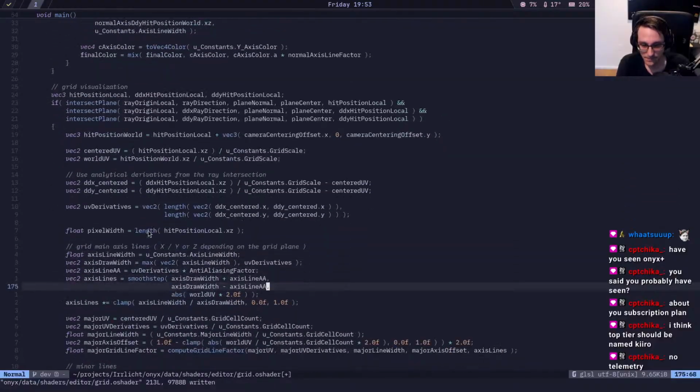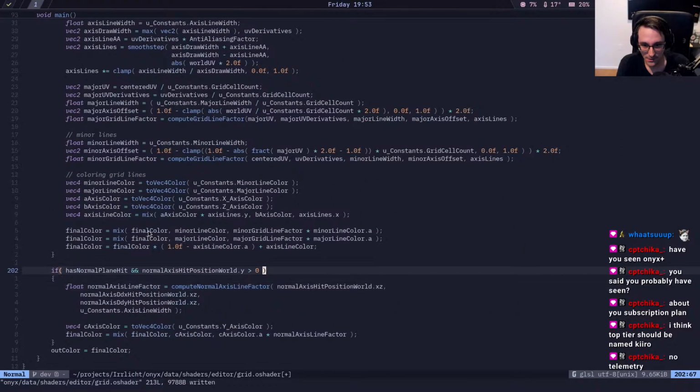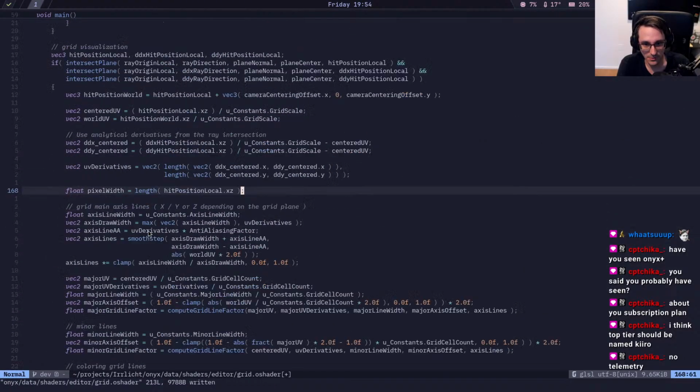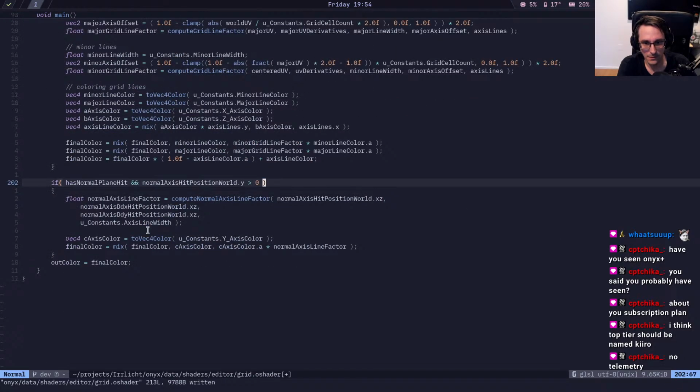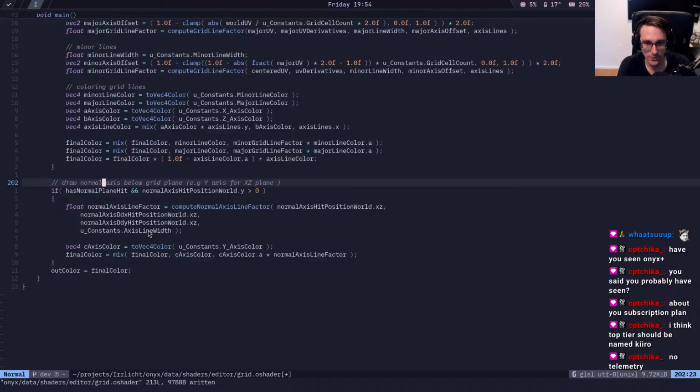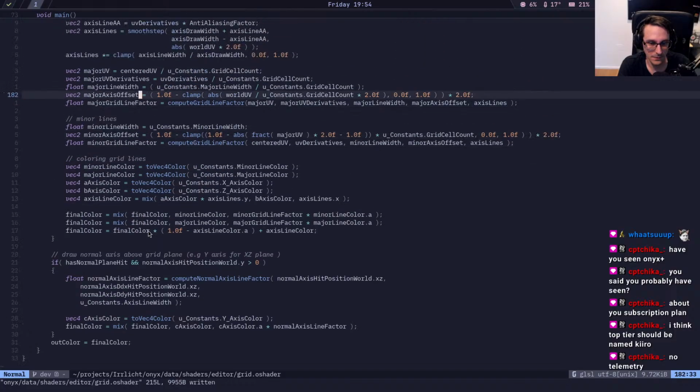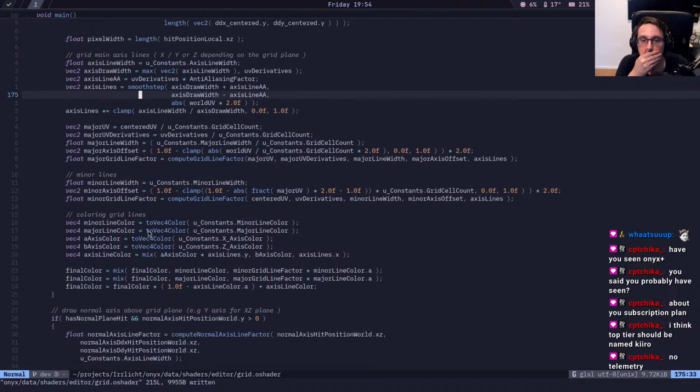Yeah. And then here, alright, let's copy the comment from above. Here, no. Draw normal axis above grid plane. Okay.